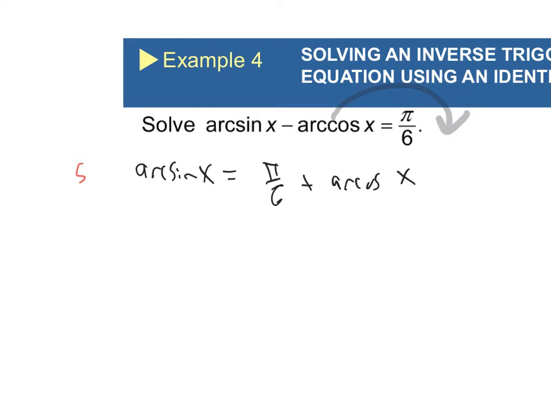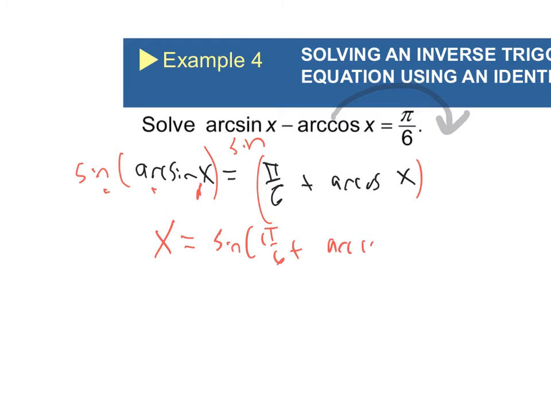If I sine this side, I'd have to sine this side. At least the sine of arc sine will give me this x. And this is the sine of pi over 6 plus arc cosine of x.